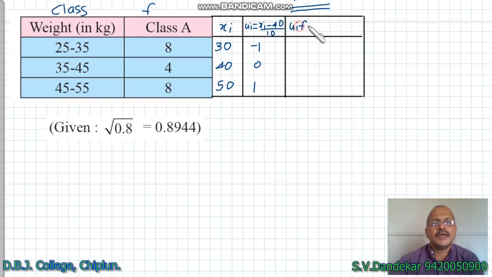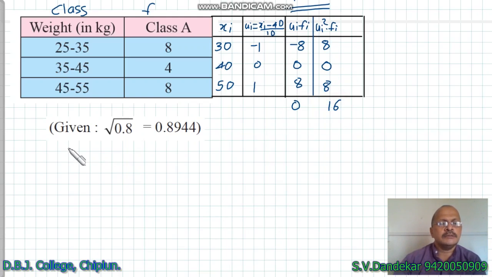Ui into fi: minus 8, 0, 8. Ui square into fi: minus 1 square is 1, 1 into 8 is 8, 0 and 8. Summation ui fi is 0. Summation ui square into fi is 16.